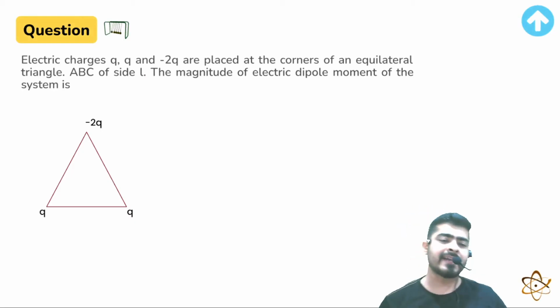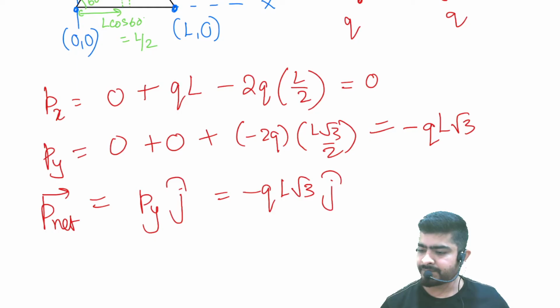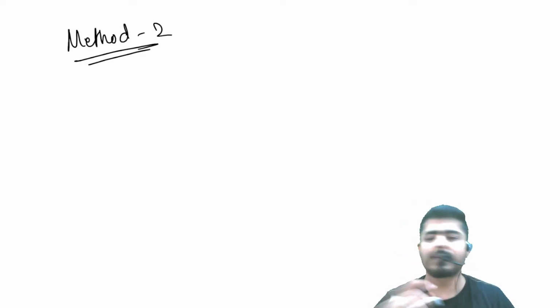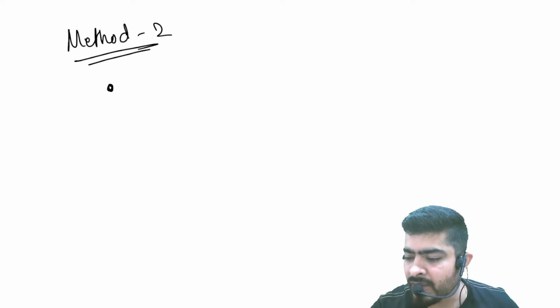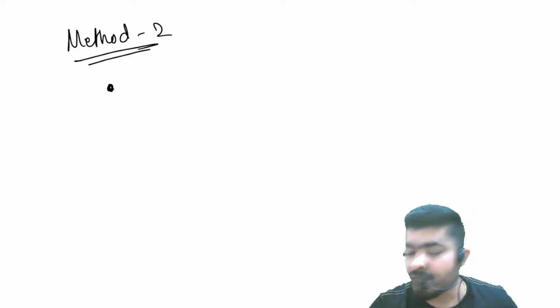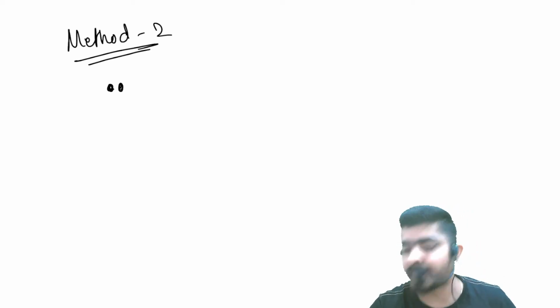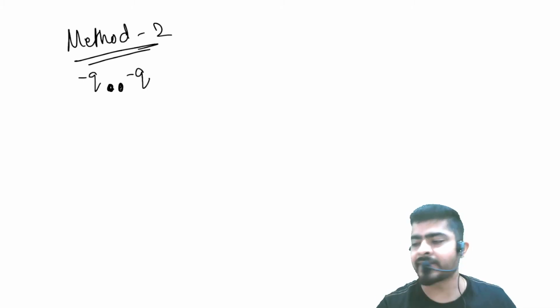Now what's the second way to solve this? Let's see. So let's write down over here method 2. This is also very easy actually. So here I have got minus 2q charge, right? So I could divide that charge into two particles, minus q and minus q.